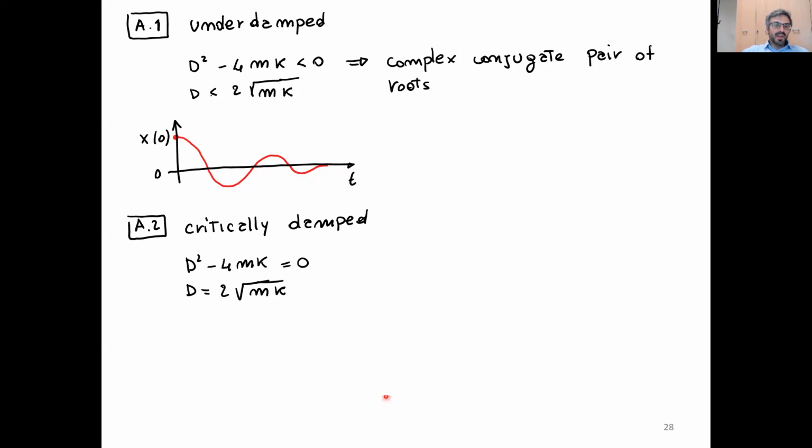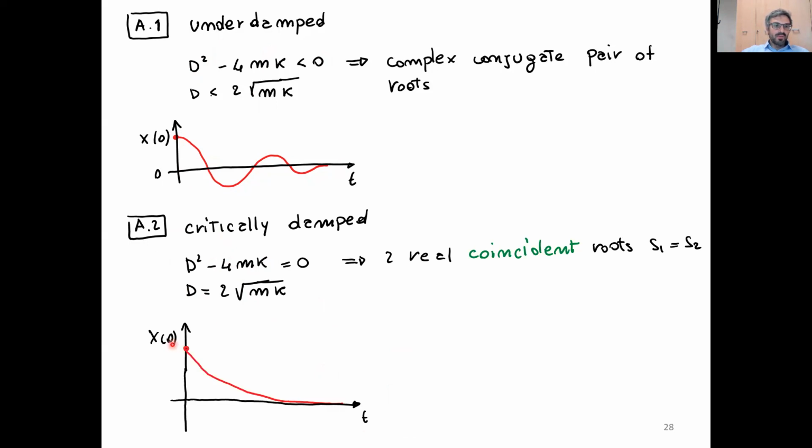In the critically damped case, the argument of the square root is 0, so 2 real coincident poles, and we have this transient, this behavior in the natural response, and the initial value depends also on the velocity. So if you have a positive and non-zero velocity, you could have something like that.